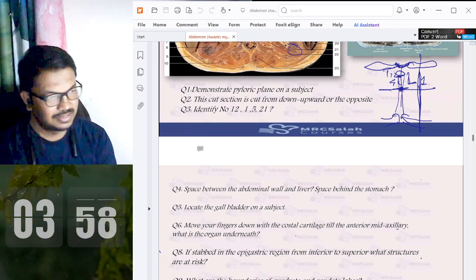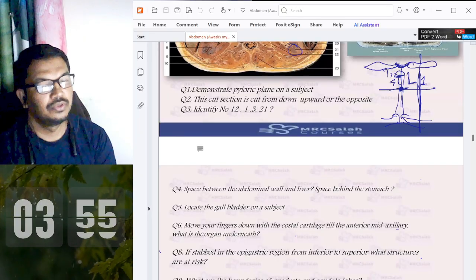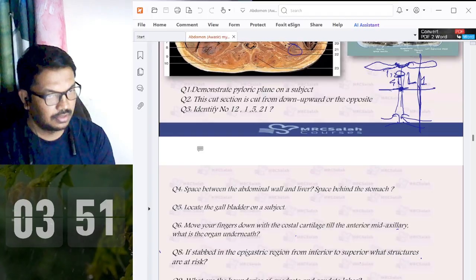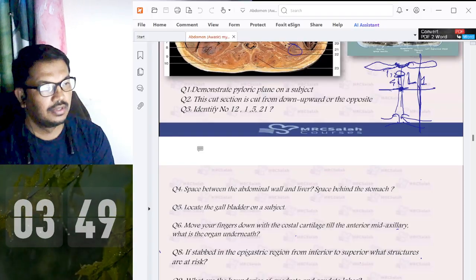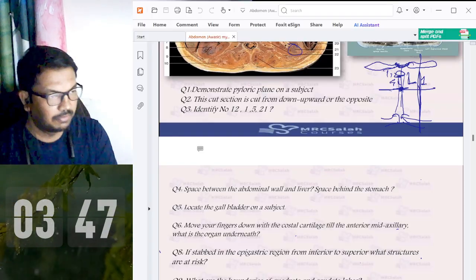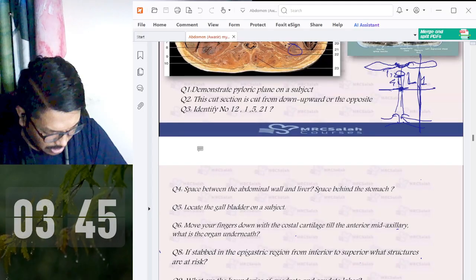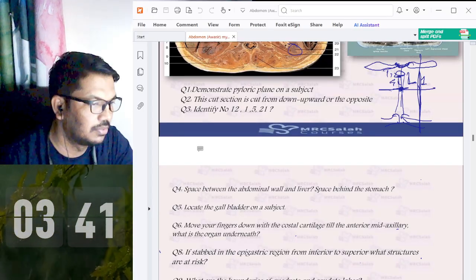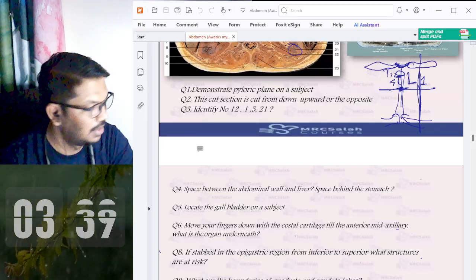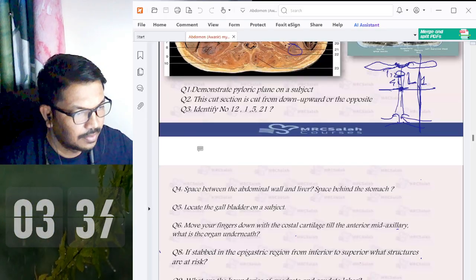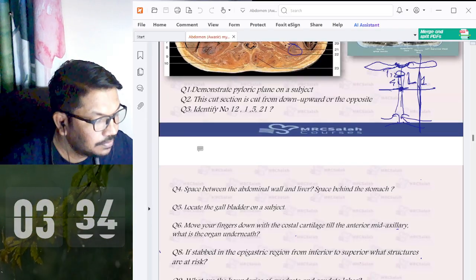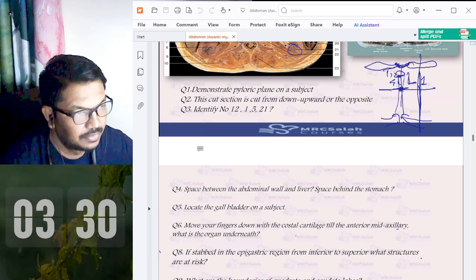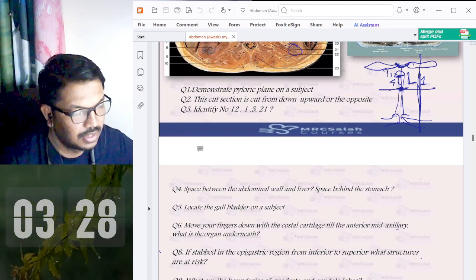And if the knife pierces more, which structure will it damage? Diaphragm. It can go up to the diaphragm.